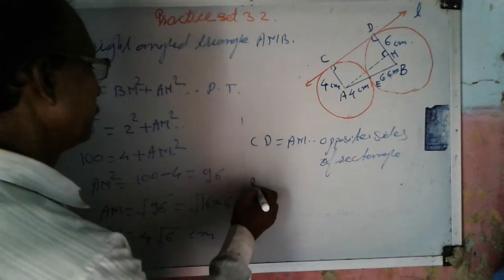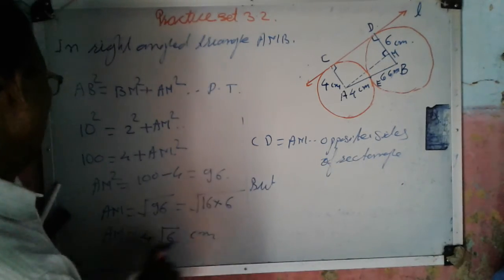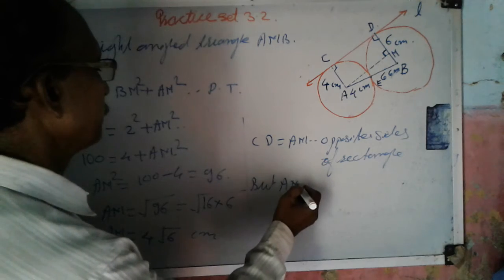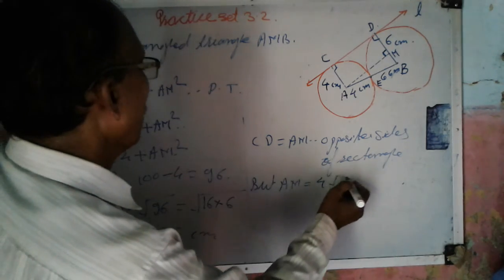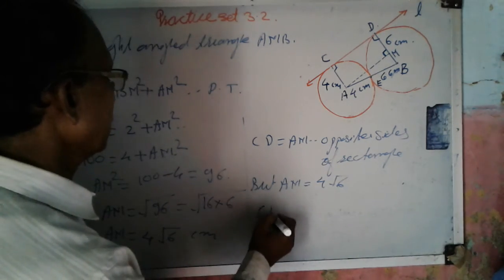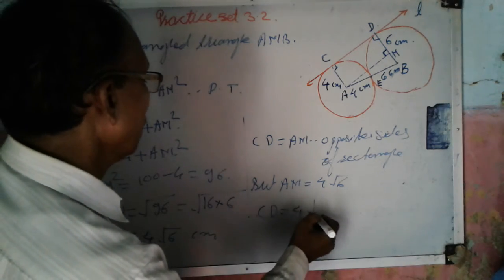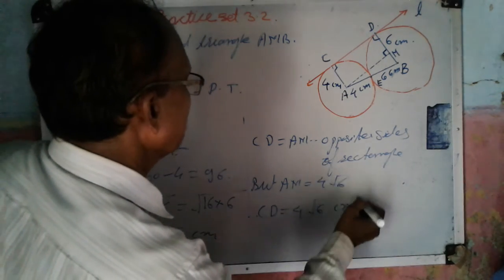But AM is equal to 4 root 6. Therefore, CD is equal to 4 root 6 centimeter.